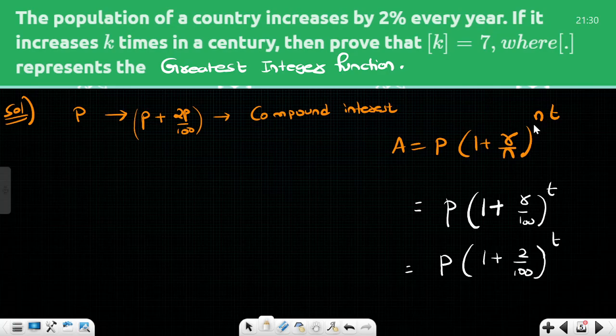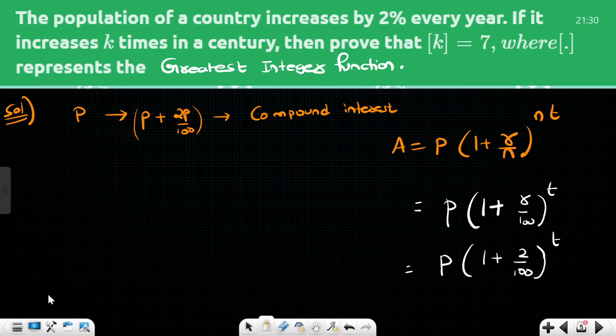The problem is we will not be getting it in this way because we are doing the limits problem. Okay, we are not getting it here.